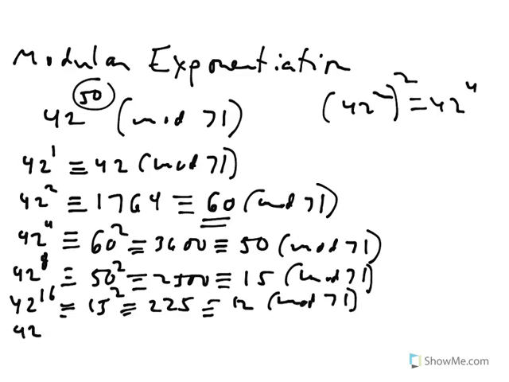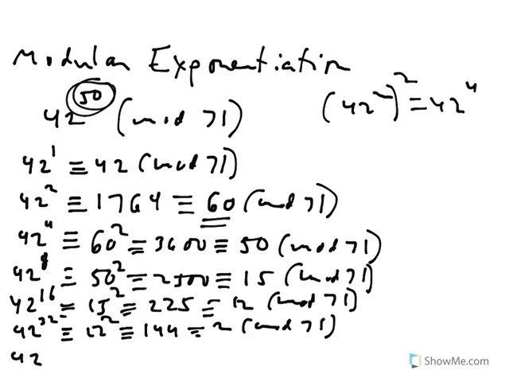And finally, the 32nd power is just 42 to the 16th squared, which is 12 squared, which is 144. 144, that's pretty close to 71. It just goes in 2 times, which gives me remainder 2. Now, we don't need to go any further, because the next one will be 64, which is already bigger than 50.